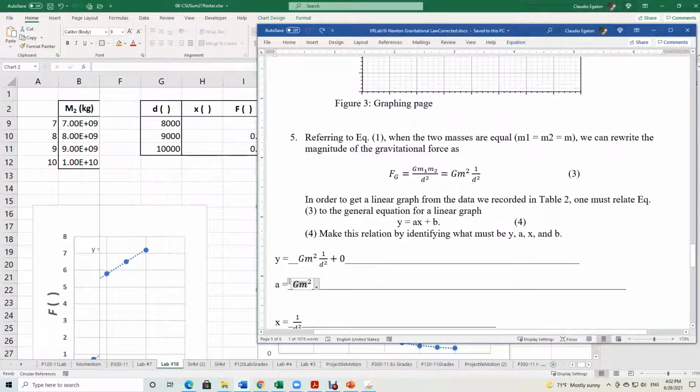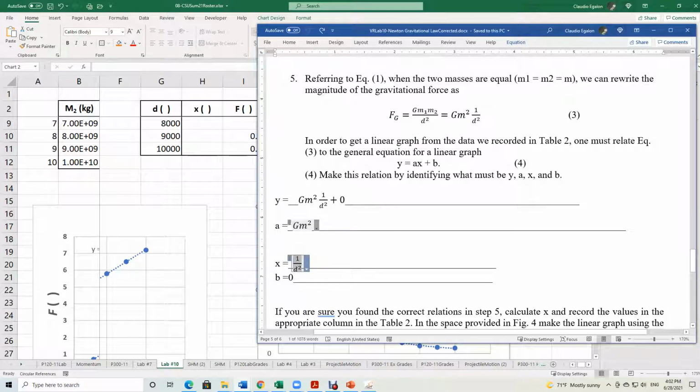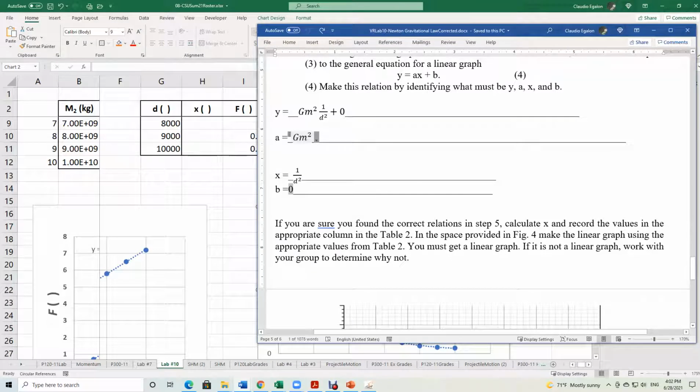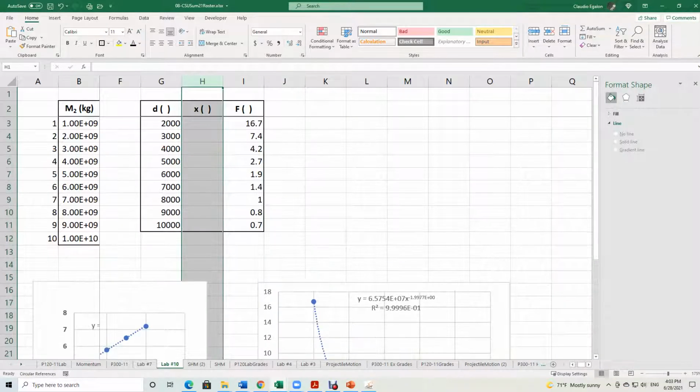That is my slope, that's going to be my x, and that should be the b. Now we are going to calculate x and record its value in this column. That's how we linearize the equation.